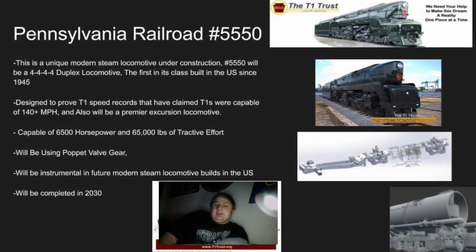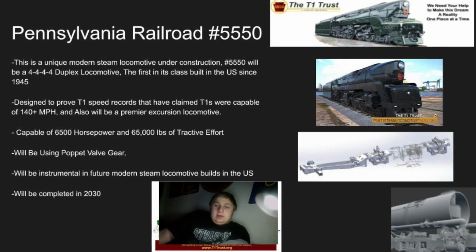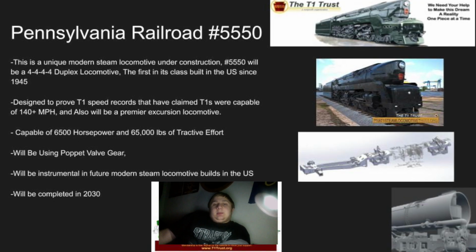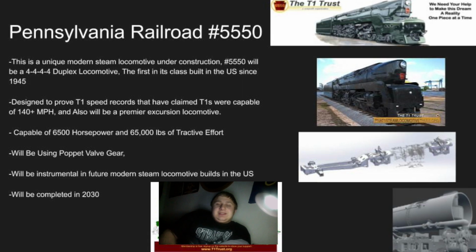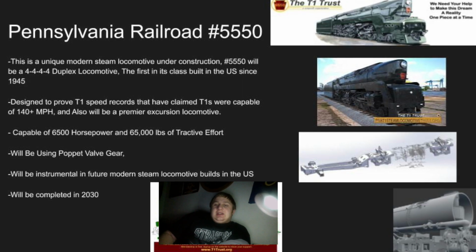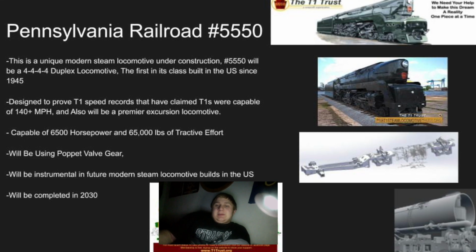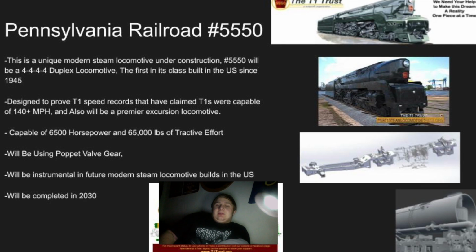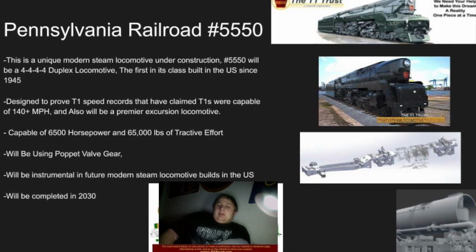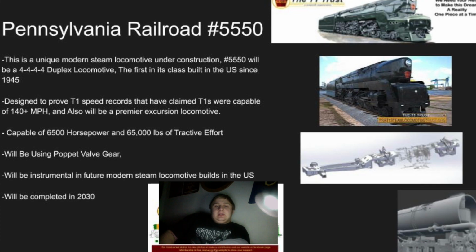It's actually the first in its class to be built in the United States since they were made in 1945. And this example that's being built was designed to actually see if the claimed speed records were possible. Because people make things up. They want to figure this out. But also, it's a premier excursion locomotive. But also, let's think. High speed for the future.